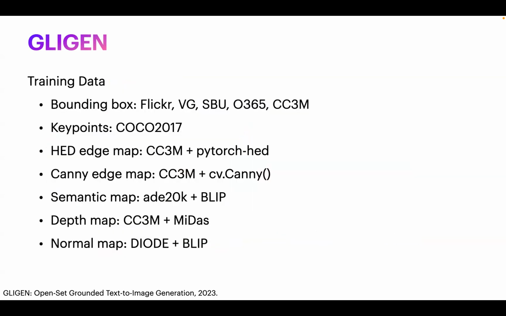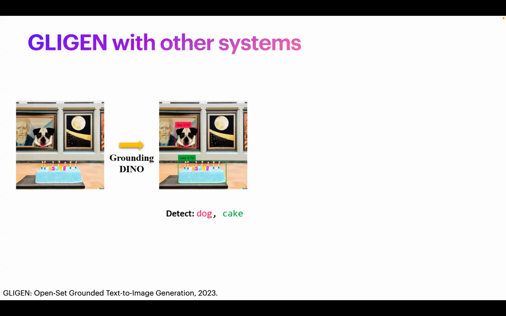To build the training data, they use a combination of open source data sets alongside semantic maps for the open source data sets. And once the model is trained, because it is composable, they also show ways of combining it with other systems, such as getting general bounding boxes from grounding.